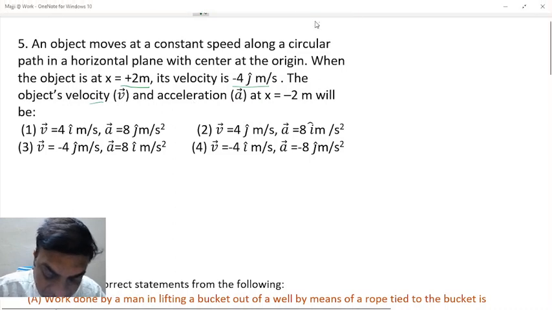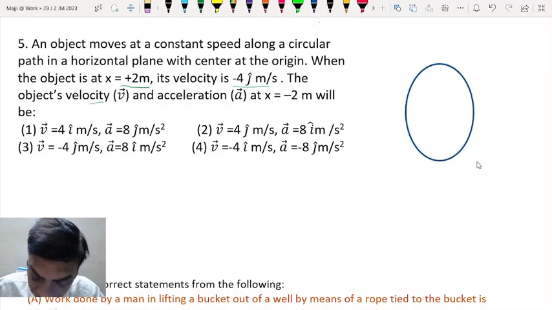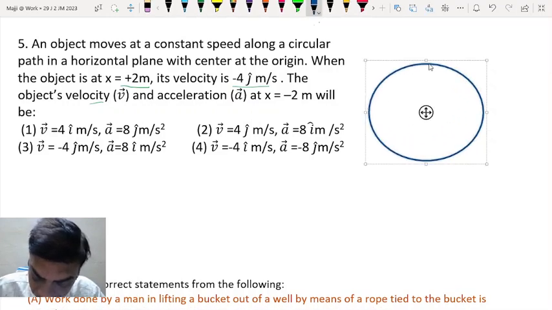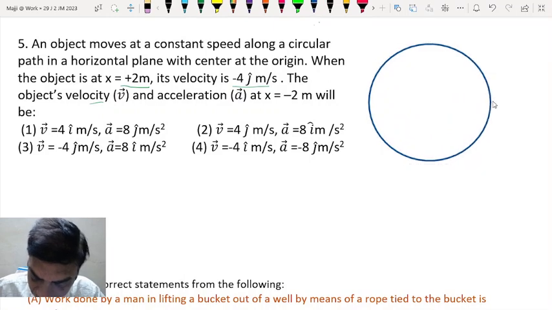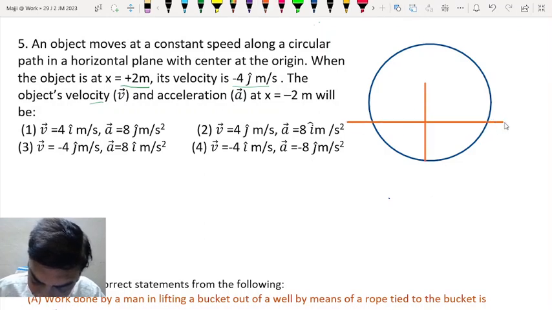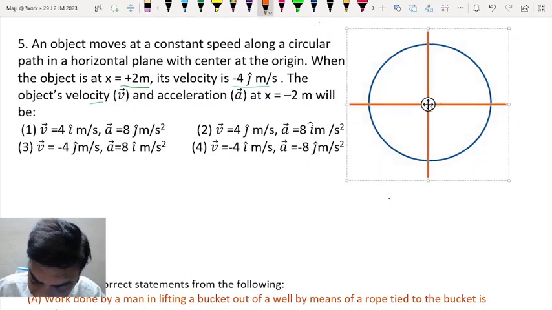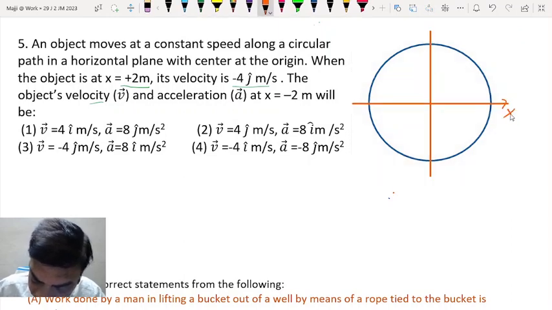So let us draw the diagram first to understand the situation. These are the x and y axes. This is the circle.